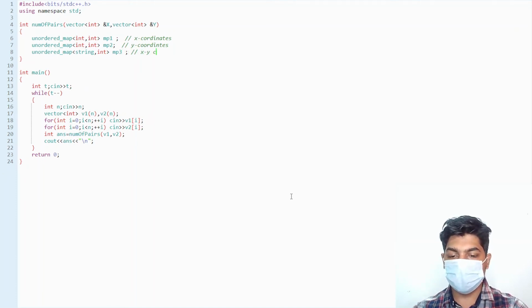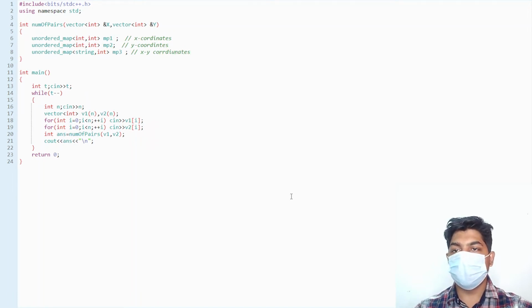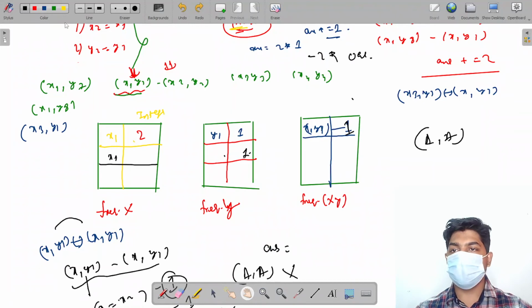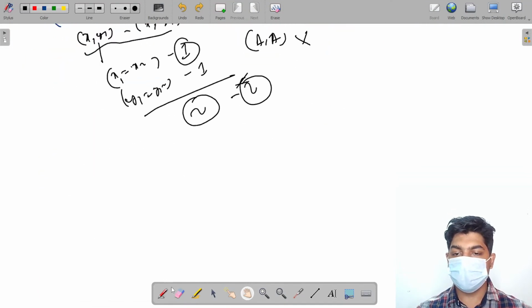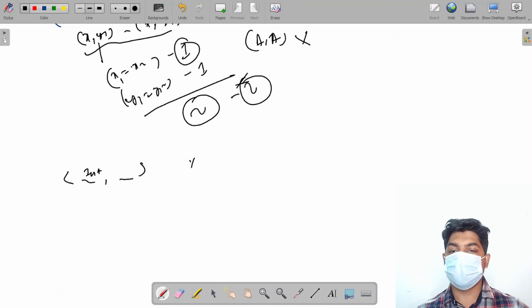So why are we using string over here? If we want to store in the unordered maps, an integer with some value is possible. But what we want is two values, x comma y, two integers together with something.